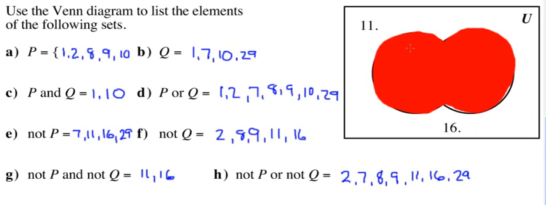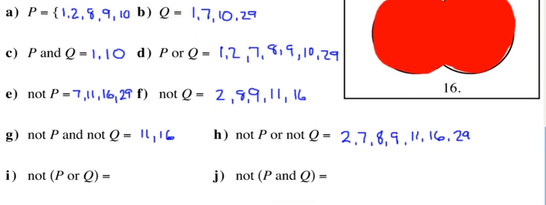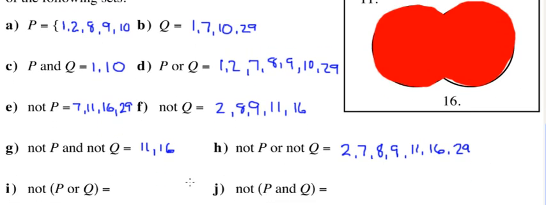Sorry, the framing wasn't good, so you couldn't see what I was talking about. Not P or Q means first, find all the numbers that are in P or Q. So I did that. These are the numbers that were in circle P. These are the numbers that were in circle Q. I blotted them all out.